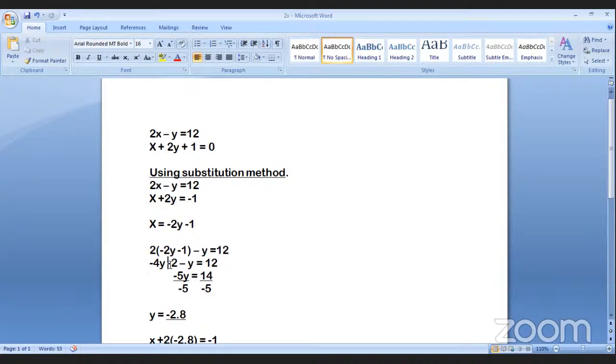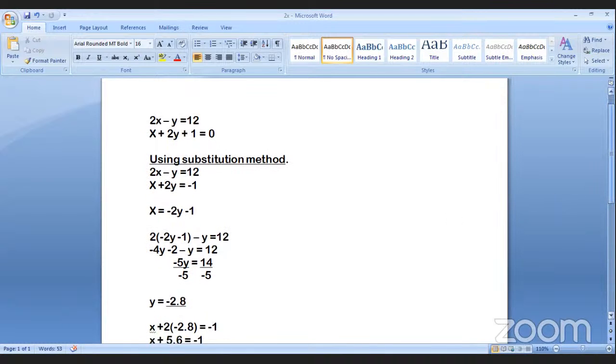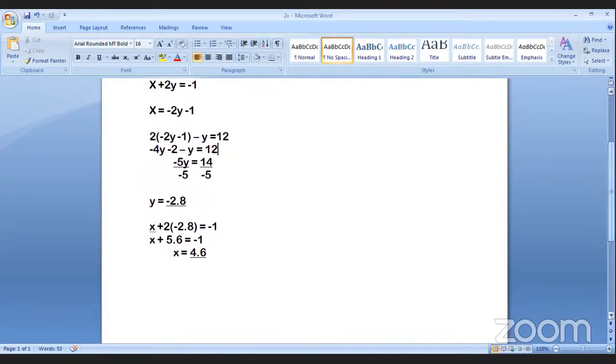So we take this 2 to the other side, and it becomes a positive, a plus 2. So 12 plus 2 is 14, and negative 4y minus y is negative 5y. Divide negative 5 on both sides, y becomes negative 2.8.